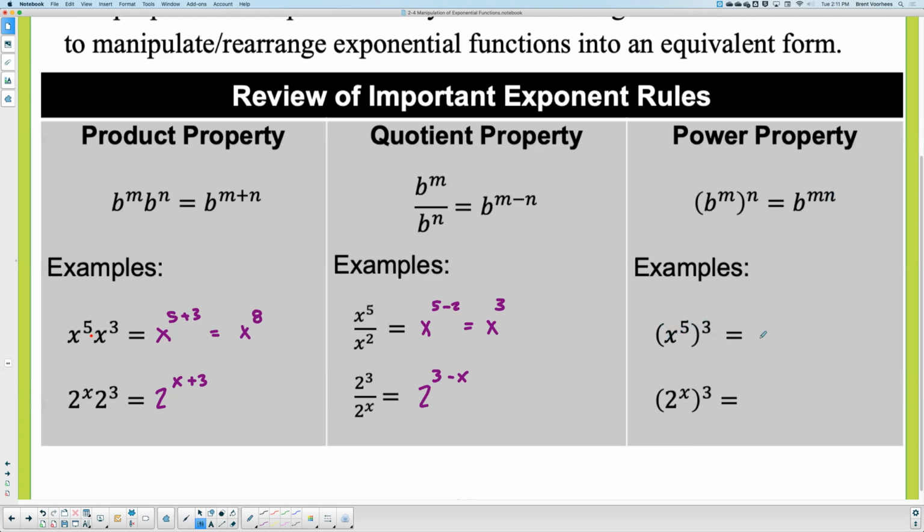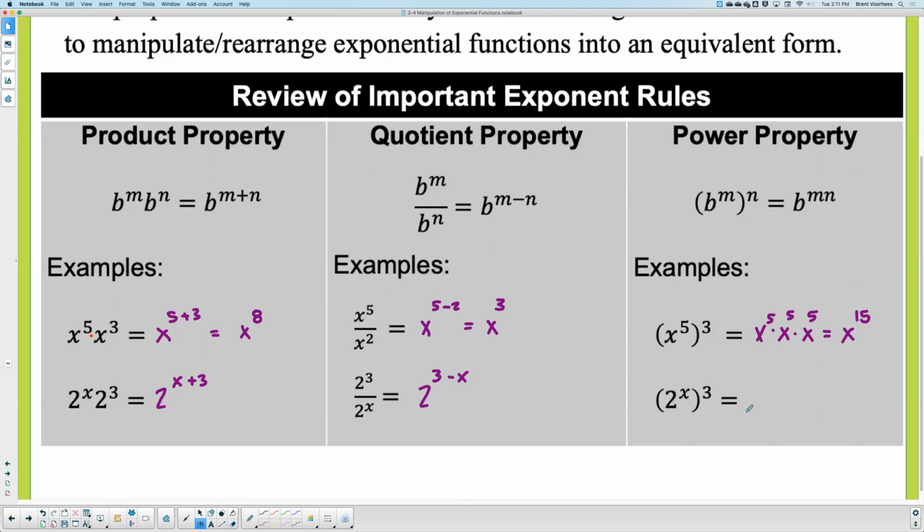This would be the same thing as x to the fifth times x to the fifth times x to the fifth. Well, how many x's would there be if I rewrote all that out? 15. That's x to the 15th power. Notice you would add those up, but here you could just multiply.